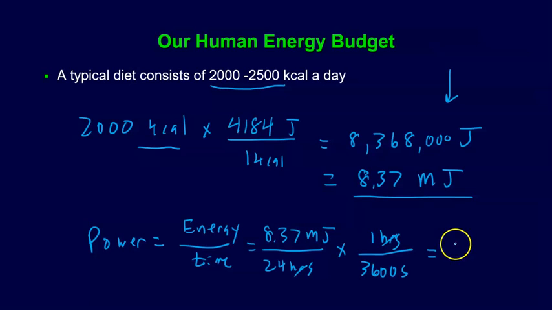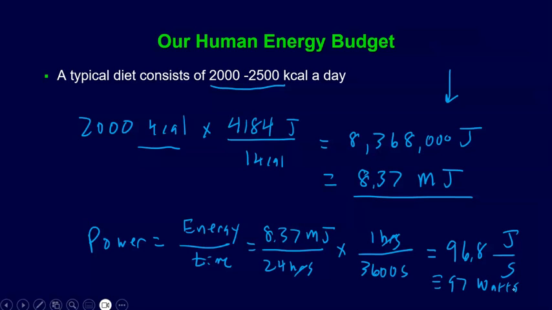And when I did this, I got 96.8 joules per second. So about 97. So let's just round up to 97 watts. And so that's the energy output of a human being, again, just assuming this regular diet here.